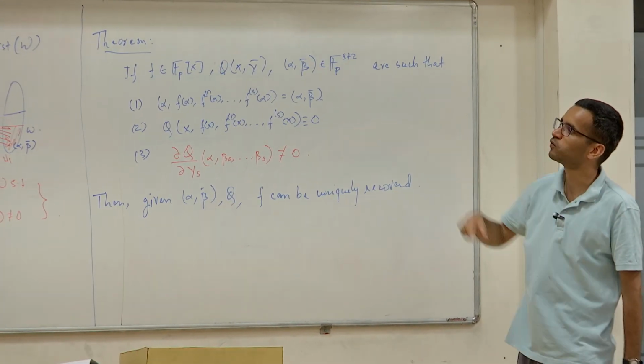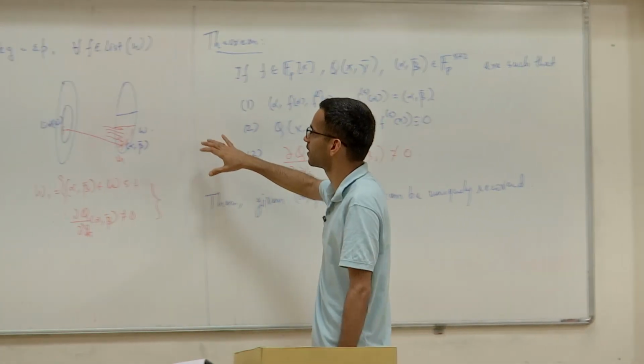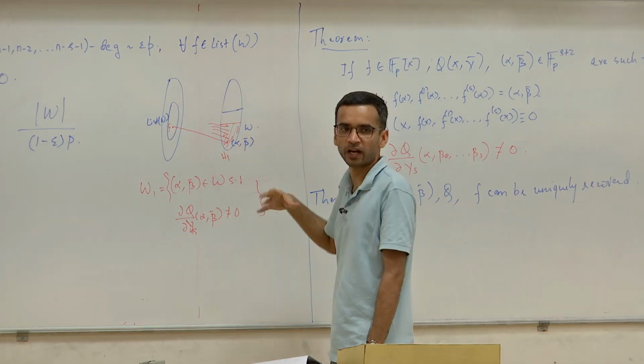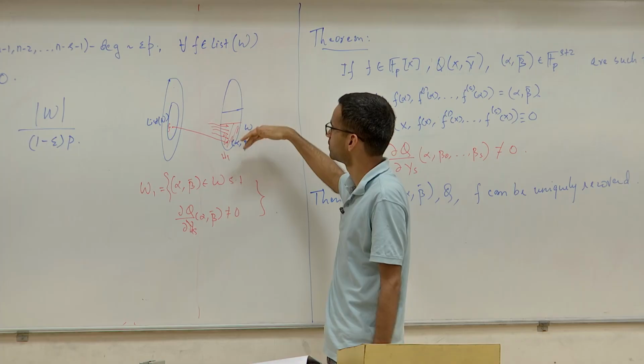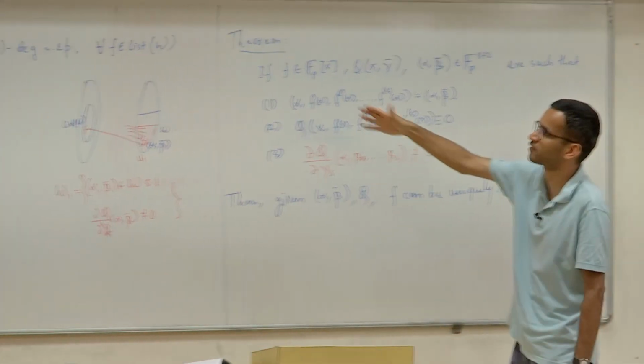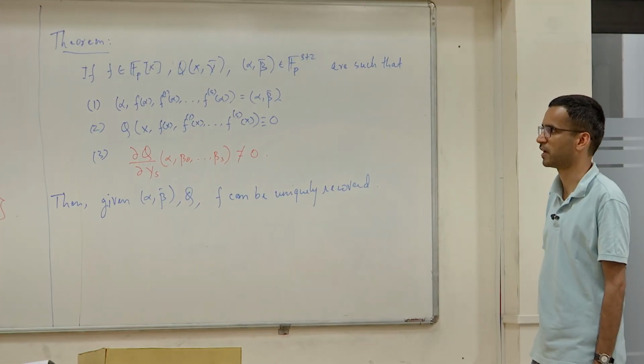So the way we are going to prove that is essentially some kind of induction. We will use this theorem to recover what we can from the list by looking at W1, and then we'll somehow reduce it to a smaller case of the same problem of bounding the list of W, where we'll apply induction.